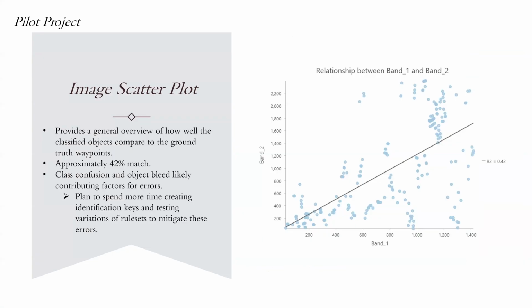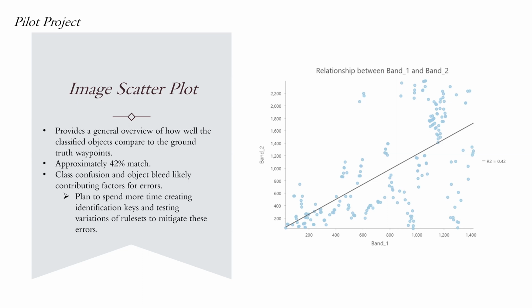To assess the results of my pilot project, I was able to create an image scatter plot to provide a general overview of how well the classified objects compared to the ground truth data that was supplied from Shenandoah. To do this, I converted the ground truth waypoints from a vector to a raster, and then made a composite image between those and the classified results I produced in eCognition.